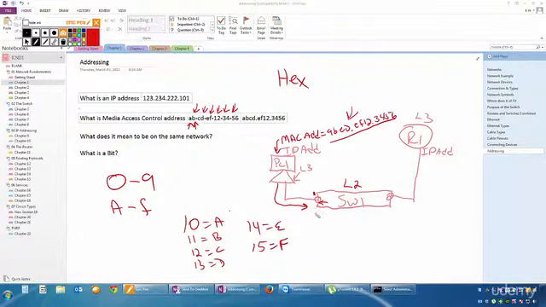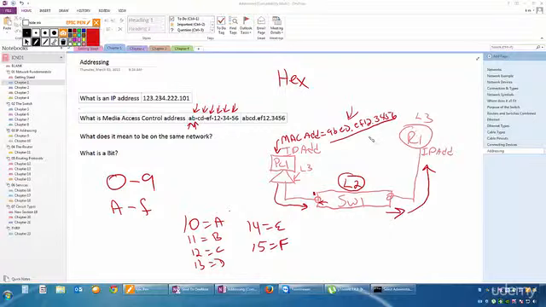It comes into the switch. This switch will forward this information via layer 2. That data will go out here as layer 2 information. This router will look at the layer 3 information, and forward it on based on the destination IP address, or the IP address that we're trying to go to.